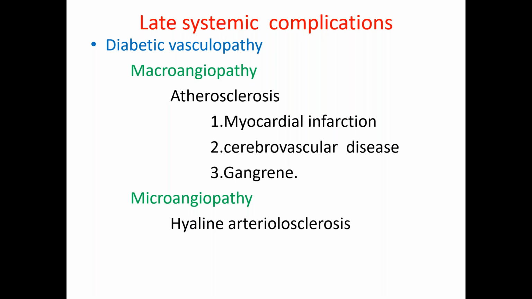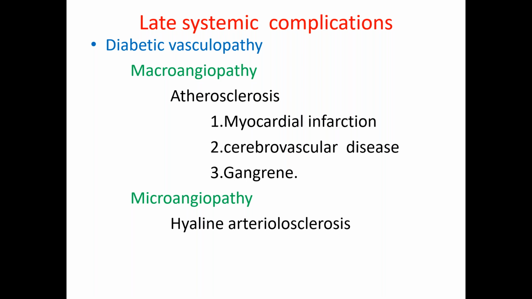In the arteries supplying the lower limbs, if atherosclerosis affects popliteal vessels, then the patient may develop dry gangrene. So these are the macrovascular complications due to premature and severe atherosclerosis.